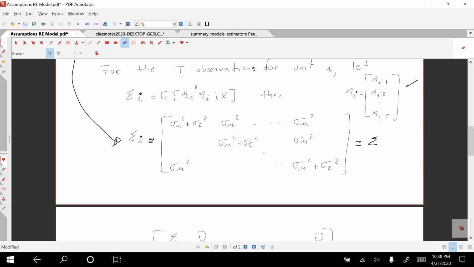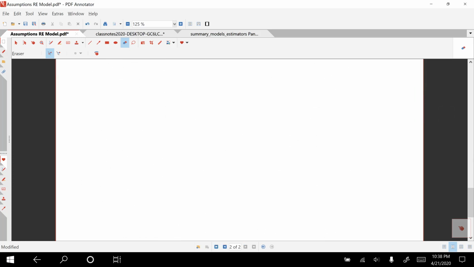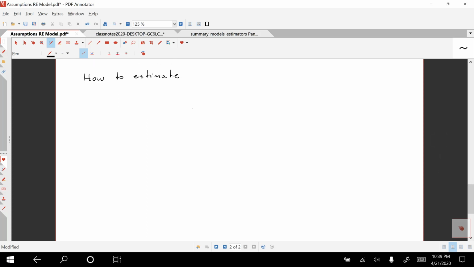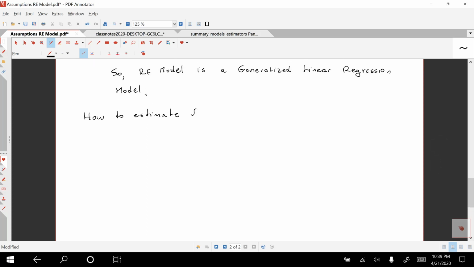So how do we go about estimating that? There are different procedures, and I'm going to describe one so that you get a sense of the steps involved.